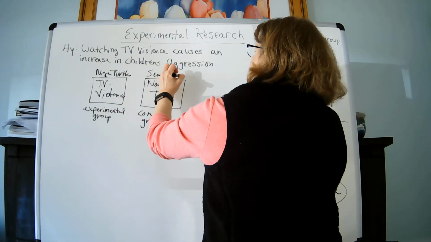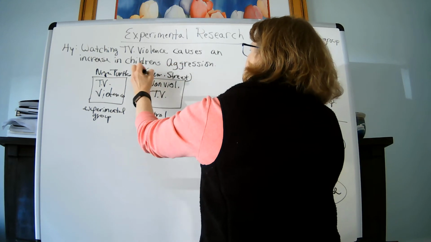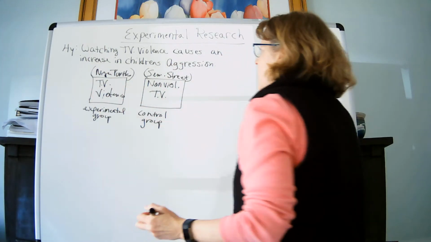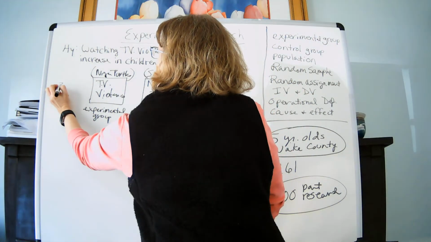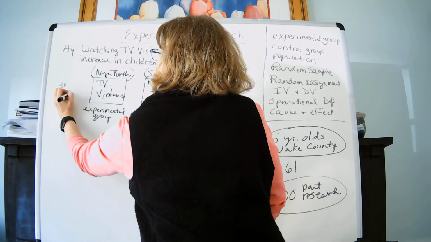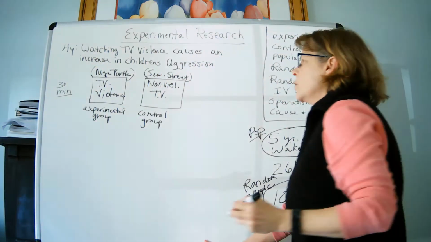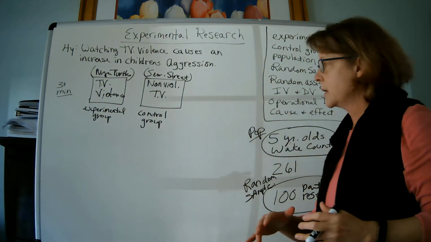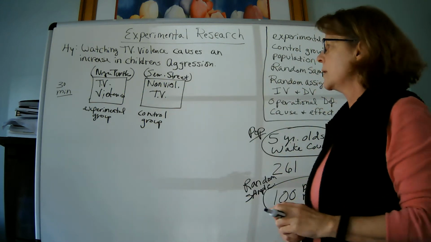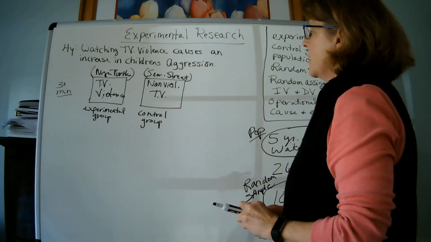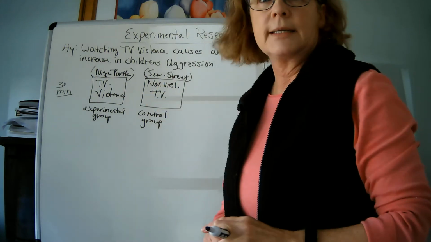And it would have to be very specific. What show, which episode, how long we're going to have them watch it. Maybe let's have them watch it for 30 minutes. So you got your Ninja Turtles, going to have some action in there. And your Sesame Street, no aggression whatsoever demonstrated. And they're going to watch that for 30 minutes.